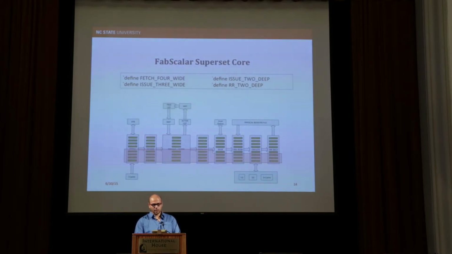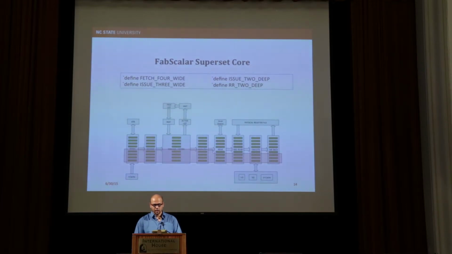This is what the FabScalar Superset core looks like. It can be maximally configured to be an 8-wide out-of-order superscalar core with various different structure sizes and pipelining as you choose. So there's a define file that the user has to modify to tell the synthesis tool or the simulator tool what core design the user wants.